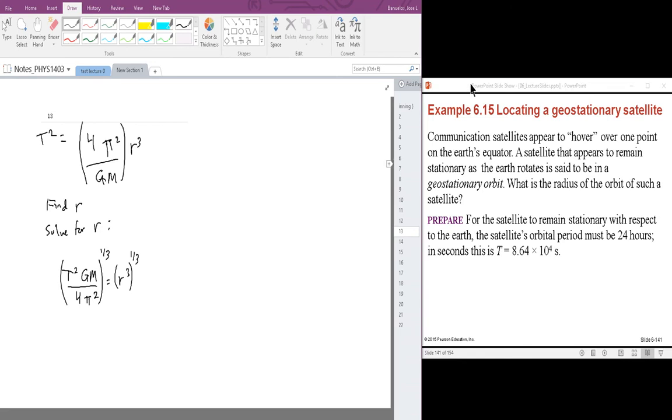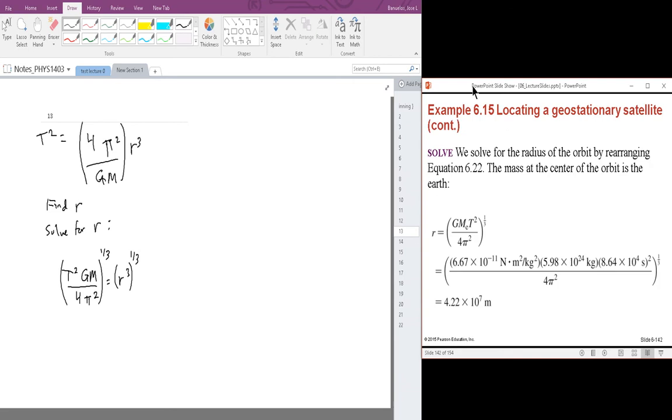That's going to give us the expression that we see on the slide, that r is equal to G times the mass of the Earth times the period that we're interested in over 4 pi squared, to the power 1/3.